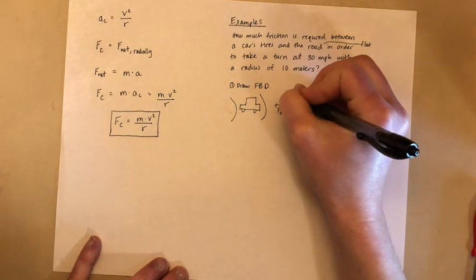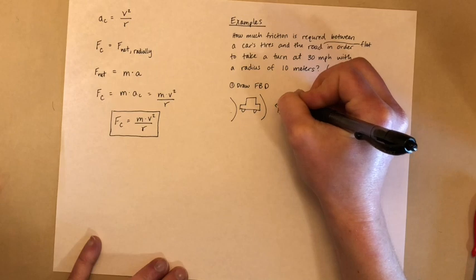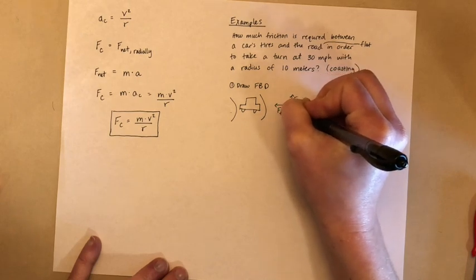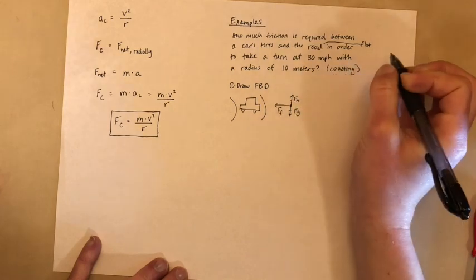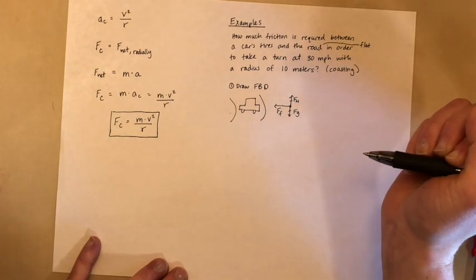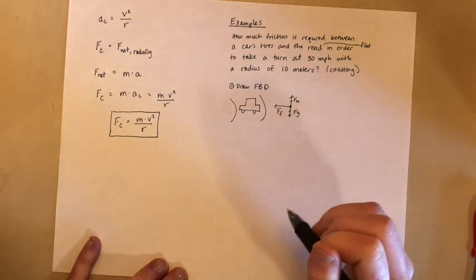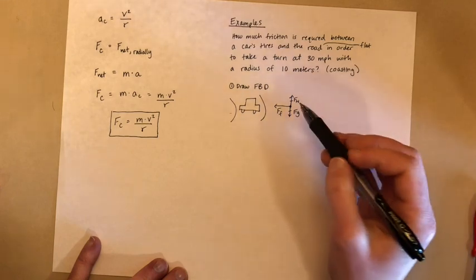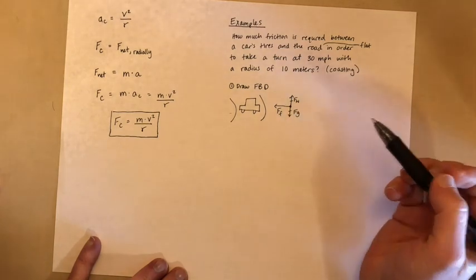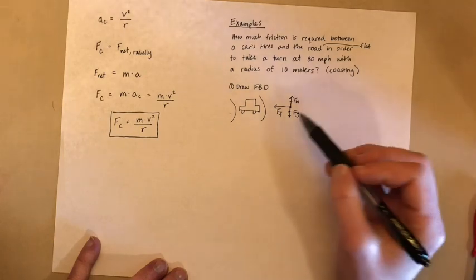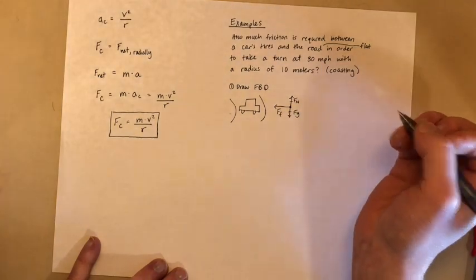So our free body diagram would just look something like this, with an equal normal and gravitational force, and then the friction pointing inwards. So start with your free body diagram. That allows us to see that the centripetal force here is really just the friction force. We don't have to deal with adding and subtracting two forces. We just have the friction force.